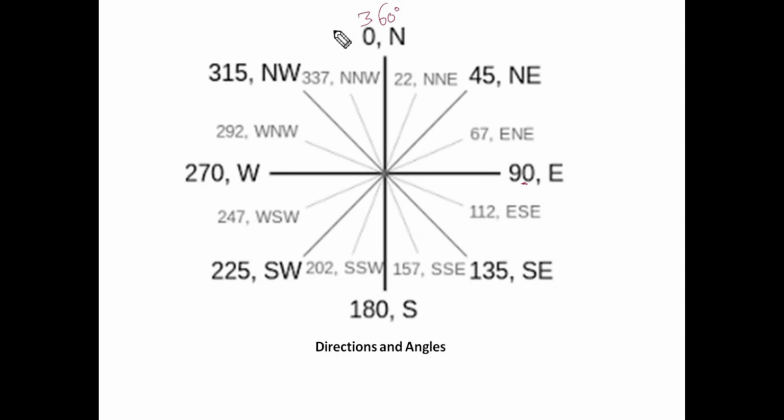Suppose we consider the anticlockwise direction, then west will be 90 degrees, south will again be 180 degrees only, east will be 270 degrees, and again north is 360 degrees.